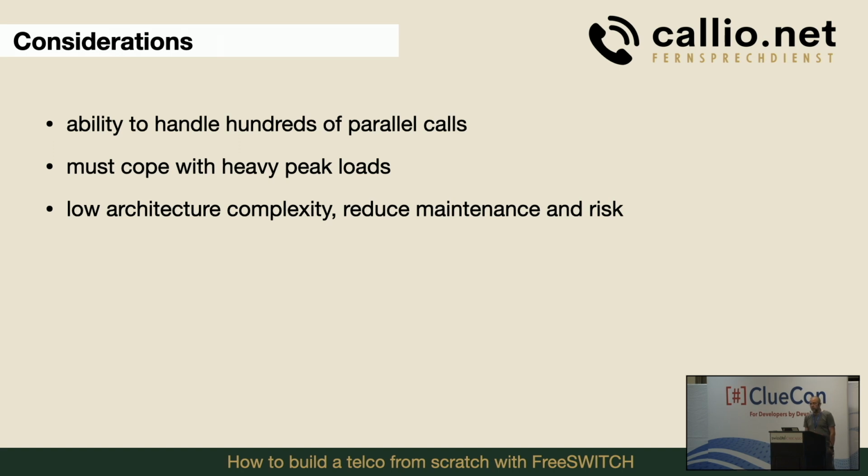I wanted to start with a low architecture complexity to reduce maintenance and risk. So I don't want too many components in one place, to make sure that if we run into any performance issues on heavy loads, we will be able to fix them very soon.